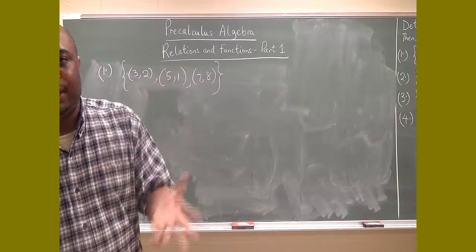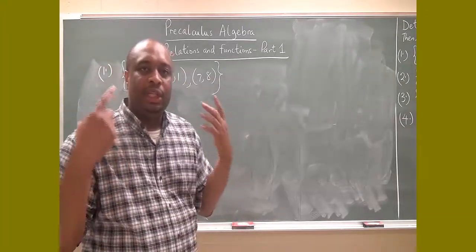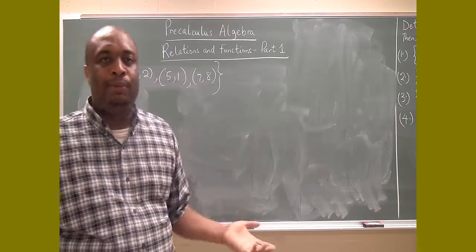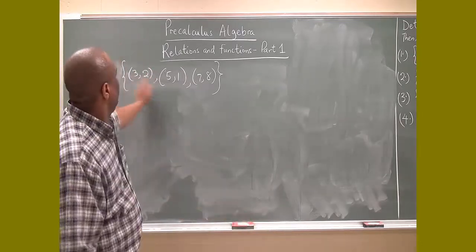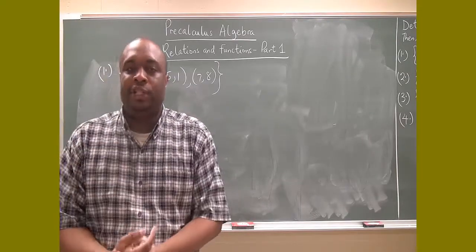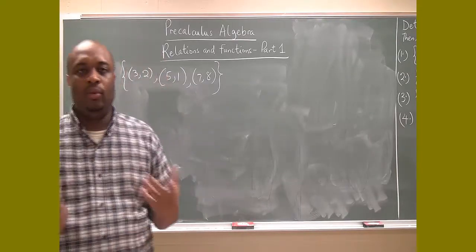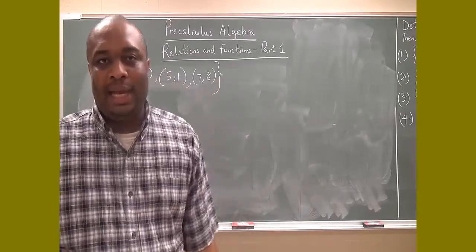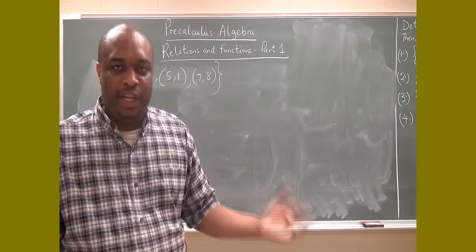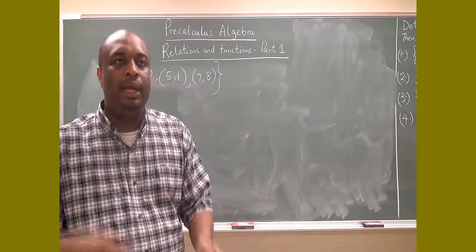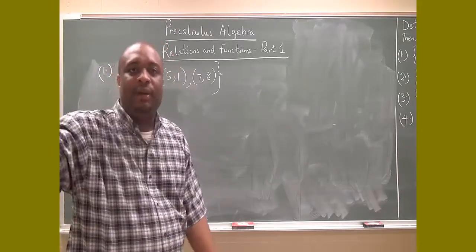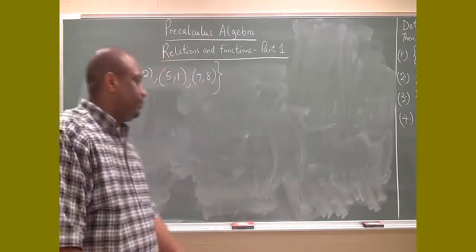A function is a special kind of relation in which no first component repeats itself, or no input repeats itself. Or you can also say this. A function is a special kind of relation in which there is exactly one range value for each domain value. Domain values are the x values, range values are the y values.